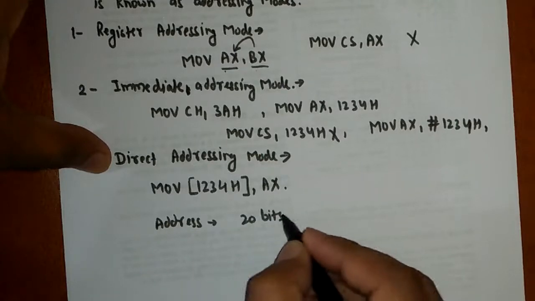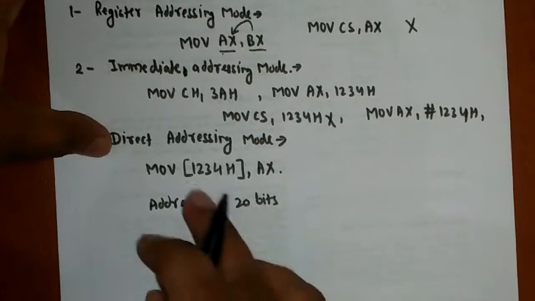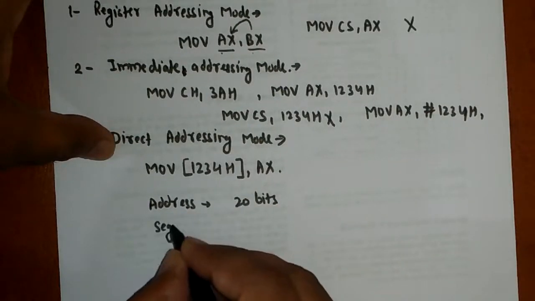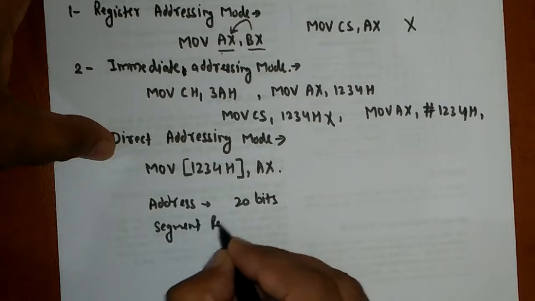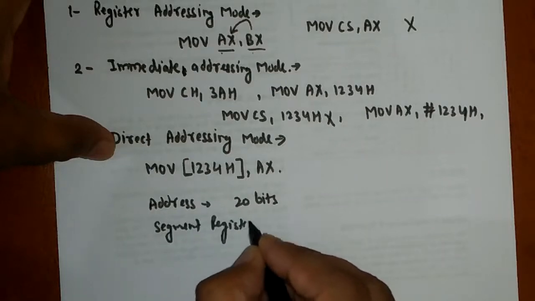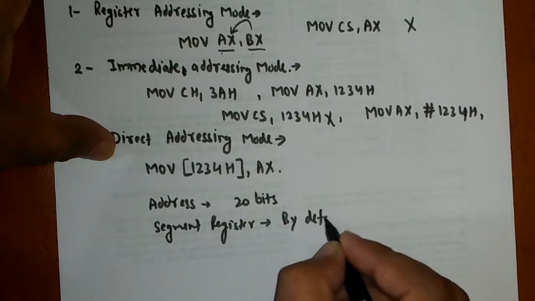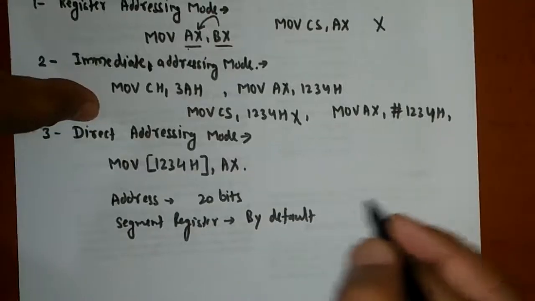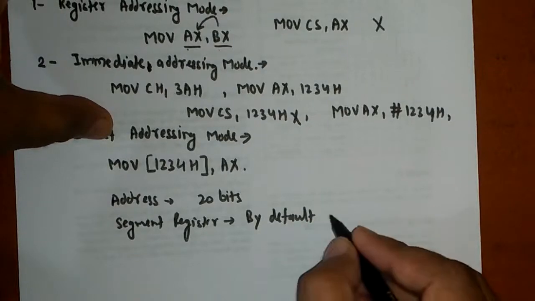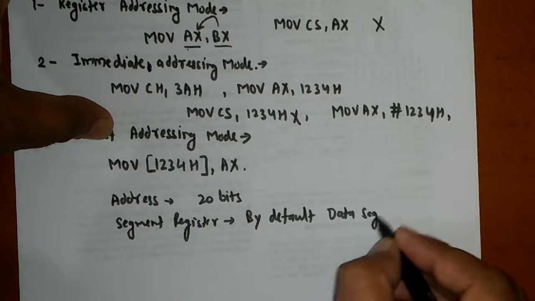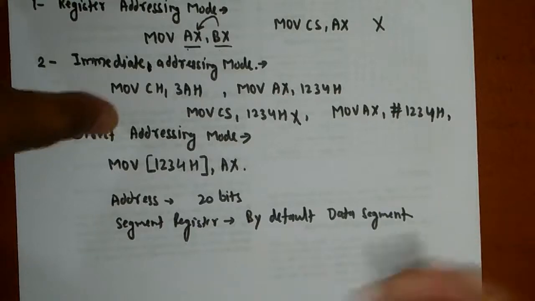By default, until and unless it is stated otherwise, the segment register will always be the data segment register. If it is not mentioned in any question, you will always use the data segment as the default segment or base register.